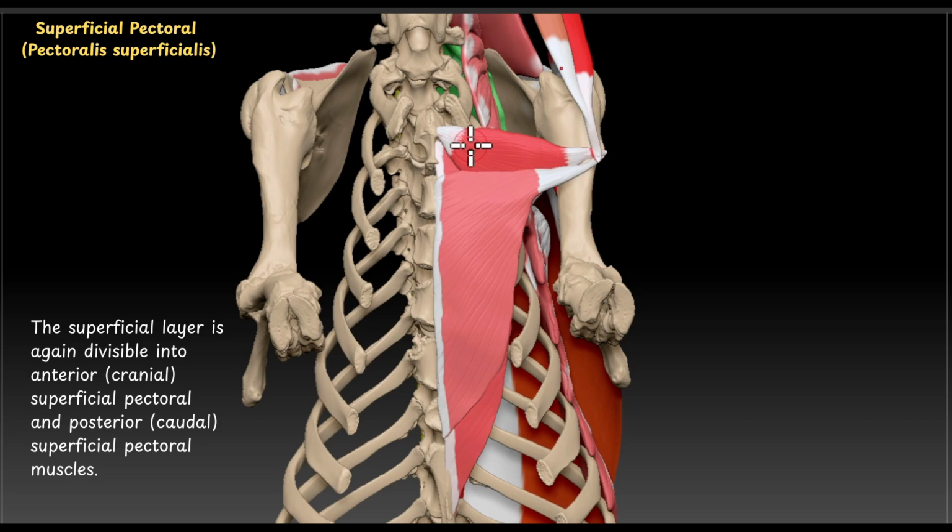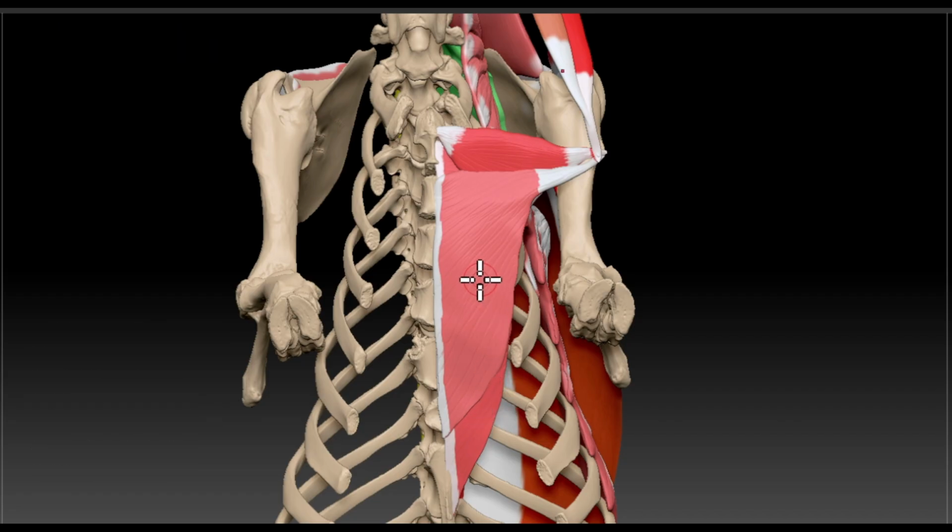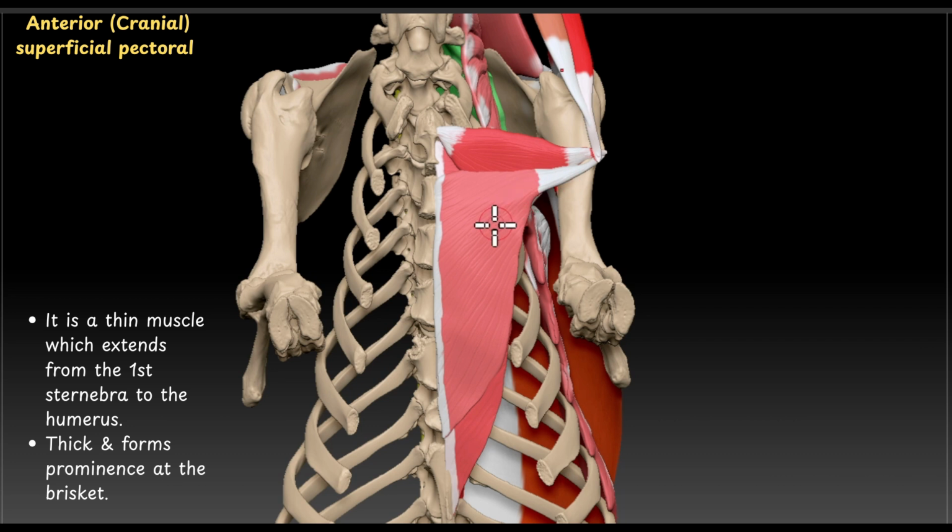So this one is your anterior or cranial superficial pectoral muscle, and this one is your posterior or caudal superficial pectoral muscle. Below that you will find the deep pectoral muscle. First we will discuss this muscle, the anterior or cranial superficial pectoral muscle.